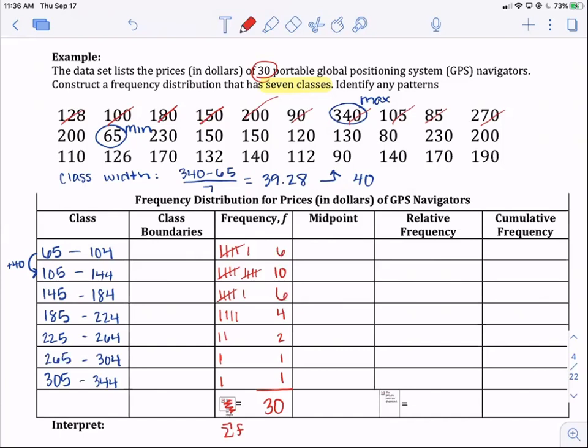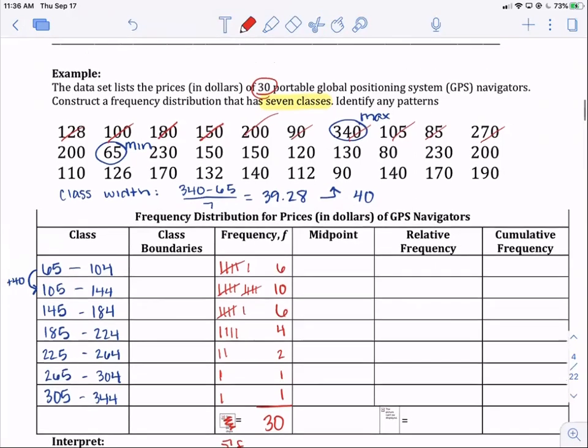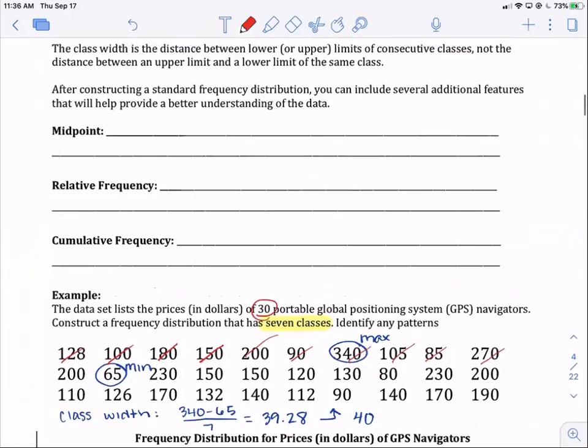Okay, so now we have midpoint. So I'm going to slide this up. So our midpoint of a class is the sum of the lower and upper limit divided by 2.